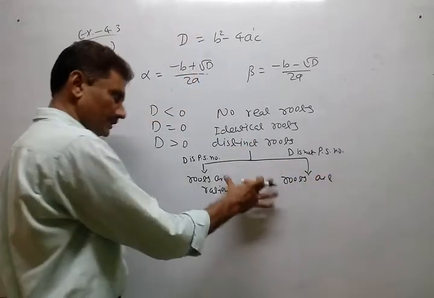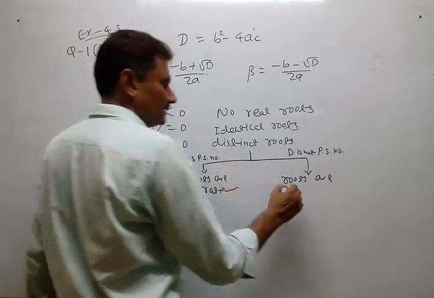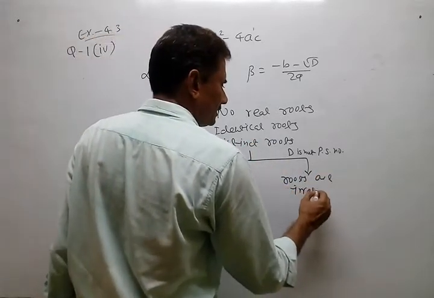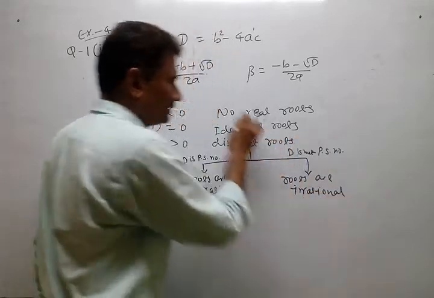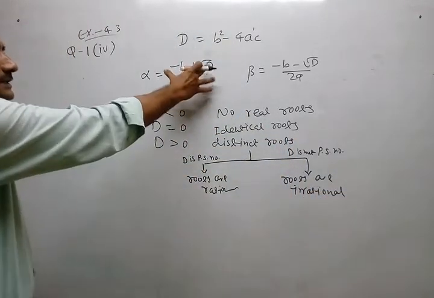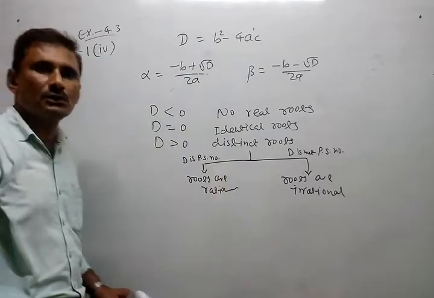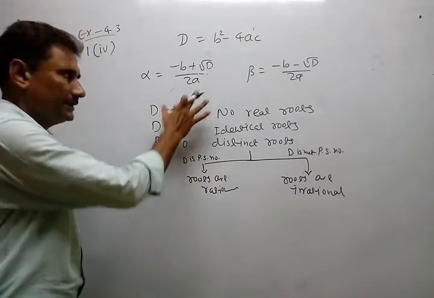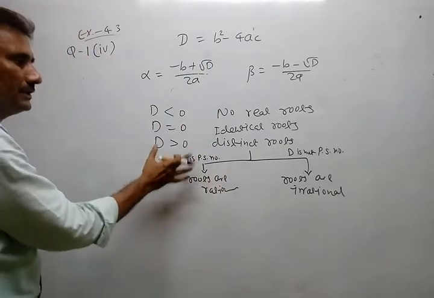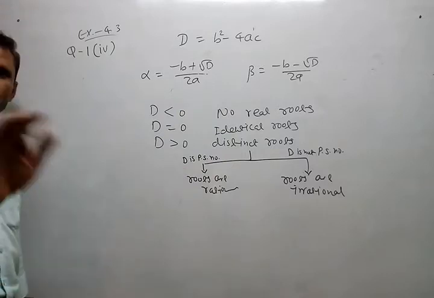Distinct is right in both cases, but again what difference? Irrational. There is nothing to memorize here, because by only observing this you can derive all this conclusion. Even then, if you want to write it, you can write it in the textbook or anywhere.